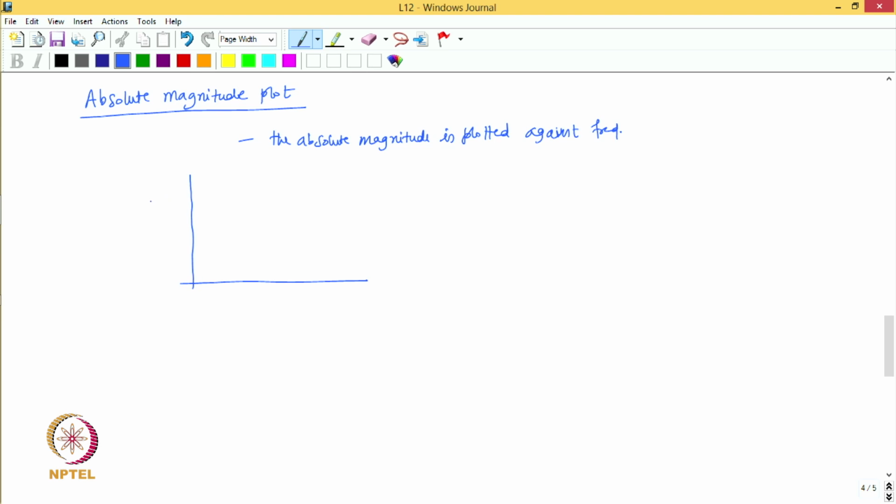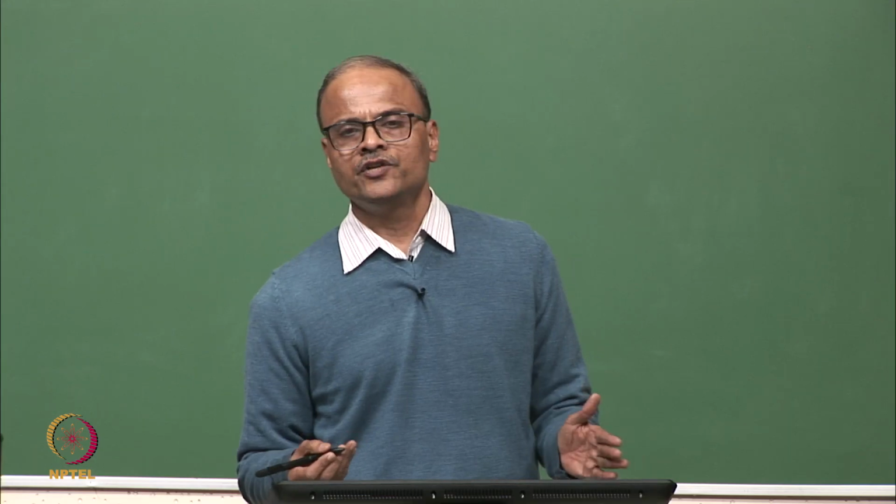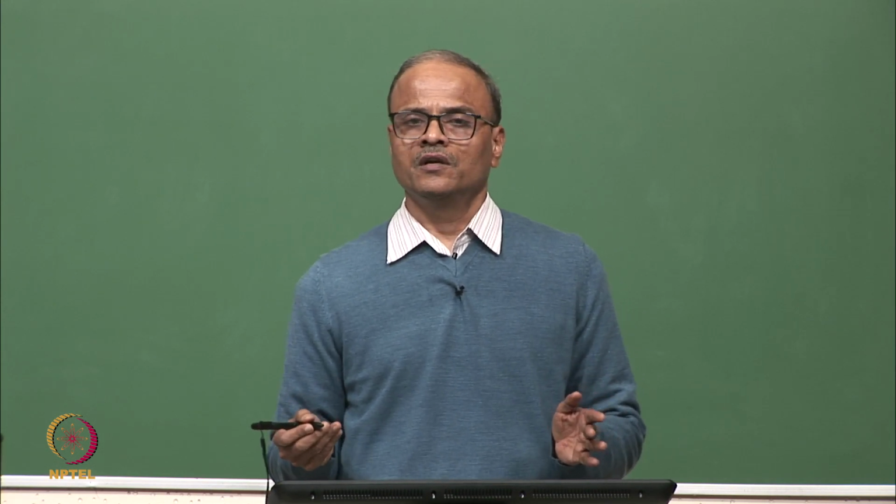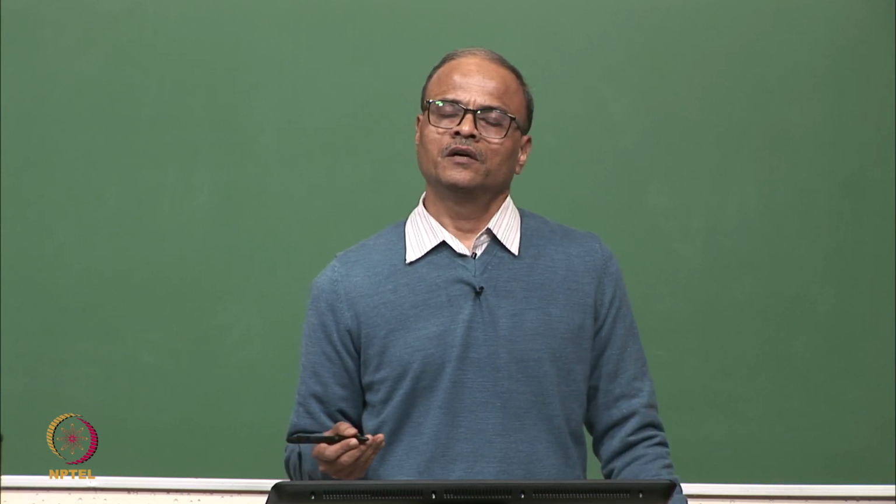We have the absolute magnitude, that is alpha magnitude as a function of frequency. For a single degree of freedom system, it may look something like this, and we see that because the absolute value magnitude is plotted, the peak magnitude dominates the whole plot, and the variation of the FRF over the frequencies which are away from the resonance region is completely eclipsed by this peak in the plot.